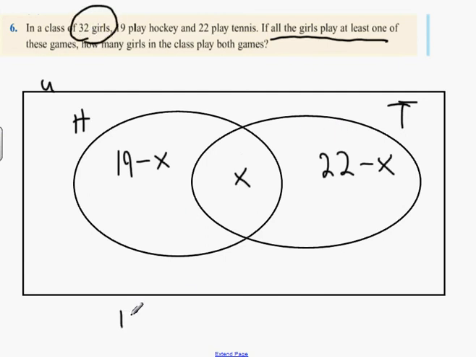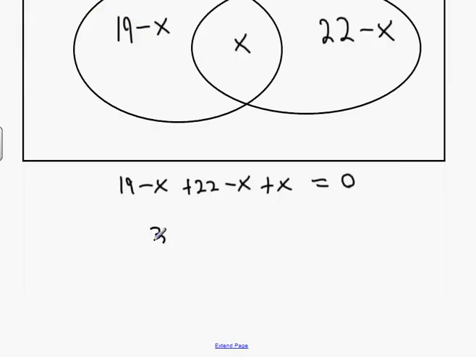32. So 19 minus X plus 22 minus X plus X equals 32, not equal to 0. 32 people in the class, right?